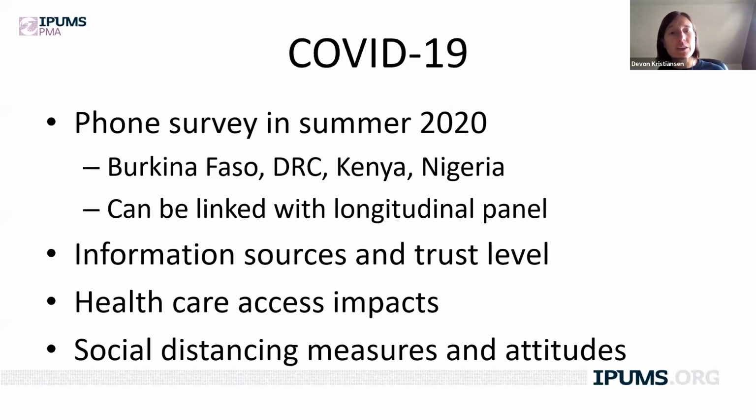So they followed up these women by phone to ask them about their experiences with COVID restrictions, where they got information about COVID, how they trusted those sources, and whether it was impacting their ability to get both family planning and also bring their children in for check-ins. They also asked the women about social distancing measures and attitudes.